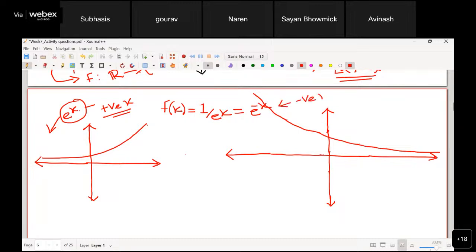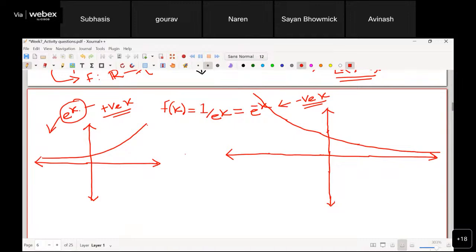That is the only difference. Sir, the graph of e to the power minus x is also similar to the exponential graph of a to the power x where a is greater than 0 but less than 1, the same graph it is. Correct.